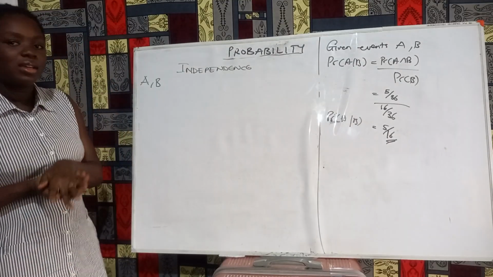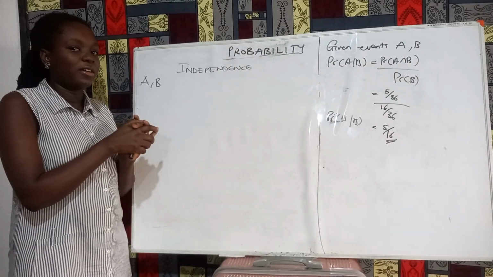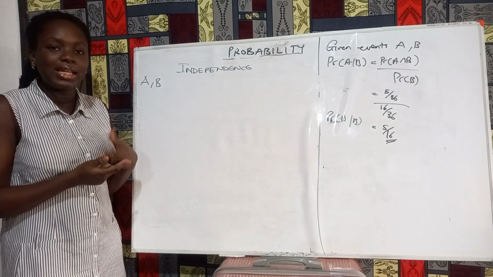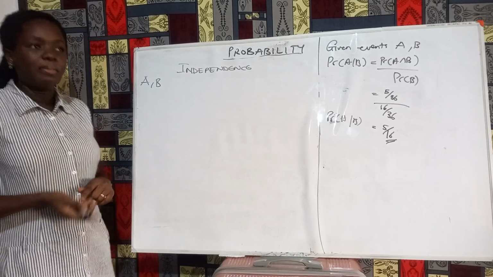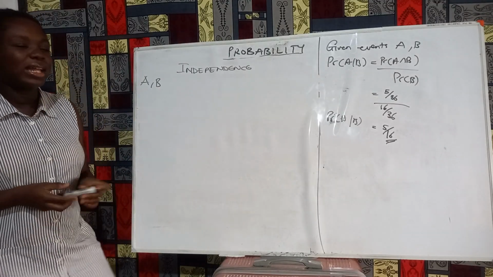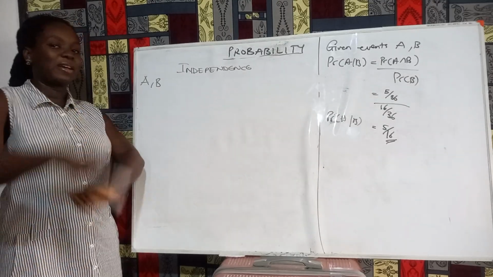Second toss, the fact that I got a head on the first, will it influence what I get on the second? No. I may get a head on the first, but if I toss again, I cannot determine whether I'll get a head or tail based on my first occurrence.